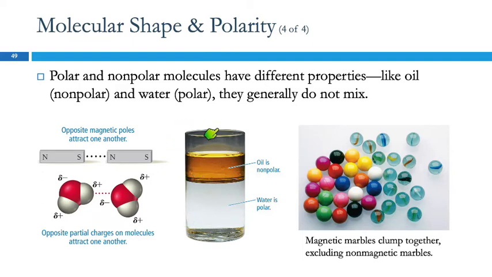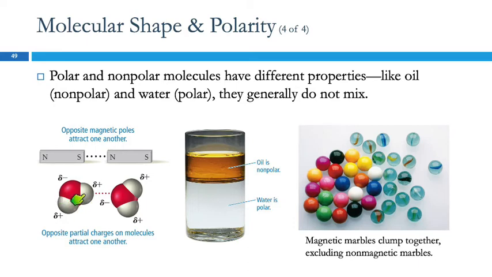So if you put a lid on this and shake it up, you can get it to kind of mix together, right? But as soon as you set it down, the oil's going to float up to the top, and the water's going to go to the bottom, and you're going to have these two separated layers. The reason it does this is because water is polar and oil is nonpolar.